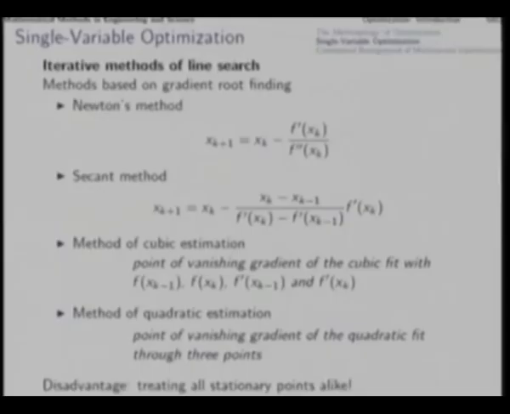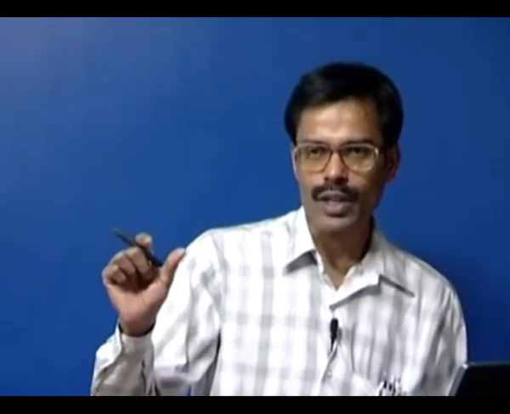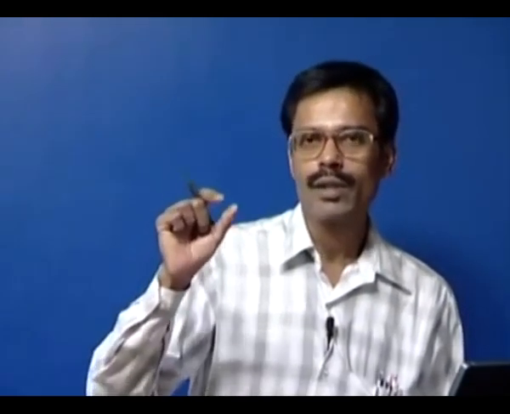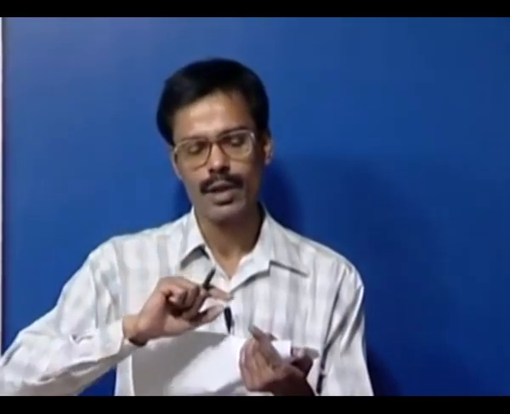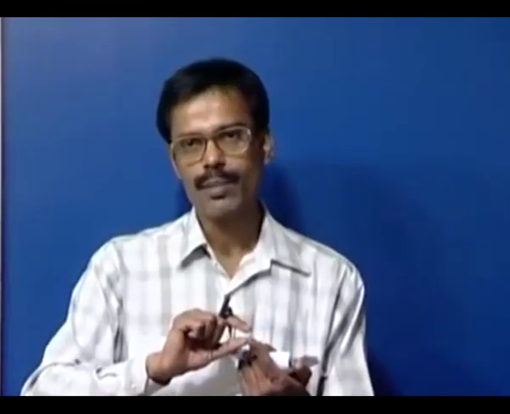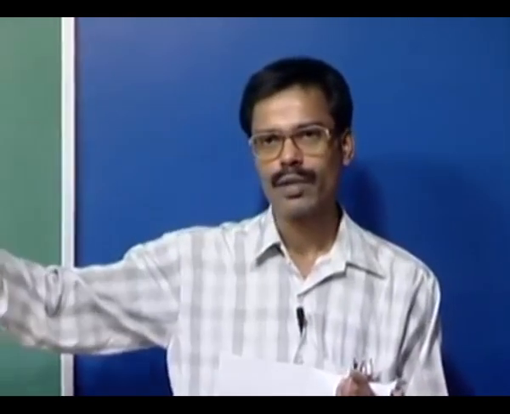Method of cubic estimation is another method which uses function values and derivative values at 2 points. Starting with 2 points, it evaluates the function value and the derivative value at these points, and that means we have got a total of 4 conditions, 2 conditions at this point and 2 conditions at that point: function value, derivative value, function value, derivative value.